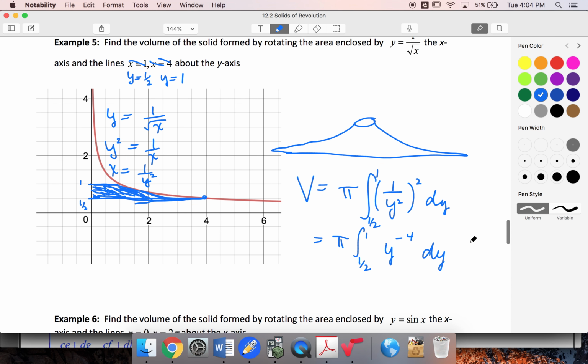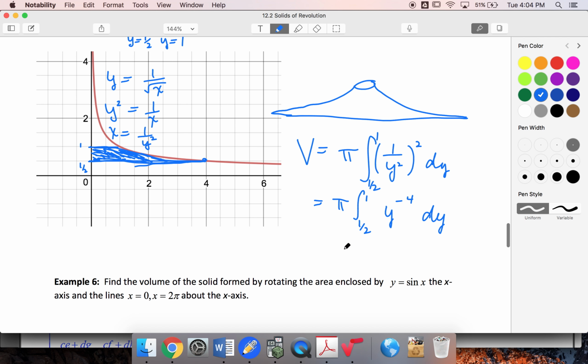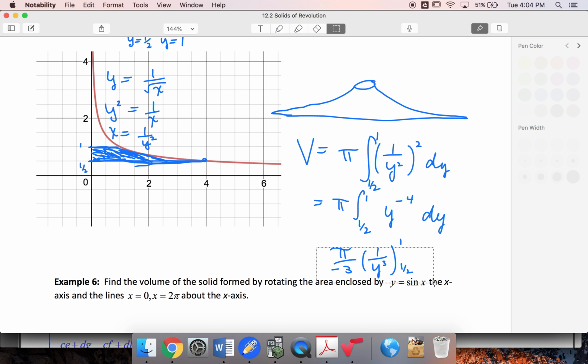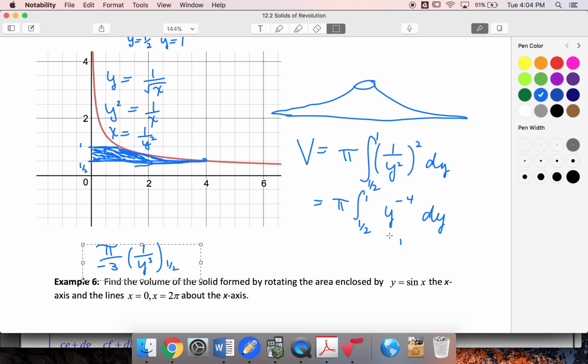So add 1, I get negative 3. So I'll get pi over negative 3 times 1 over y cubed, integrating from 1 to a half. So that's going to give me, let's move my exponent down.